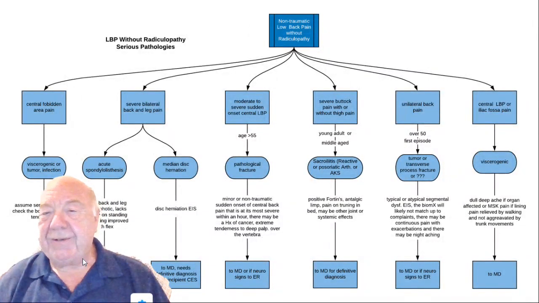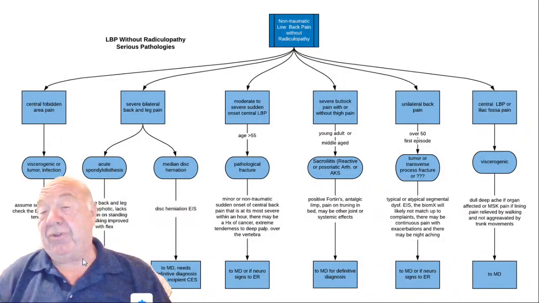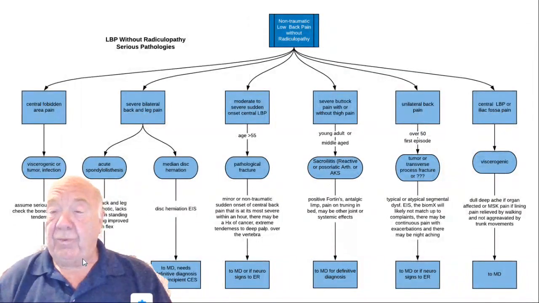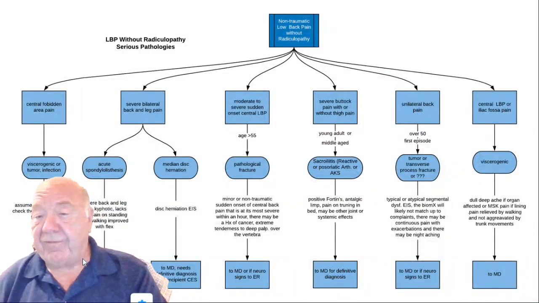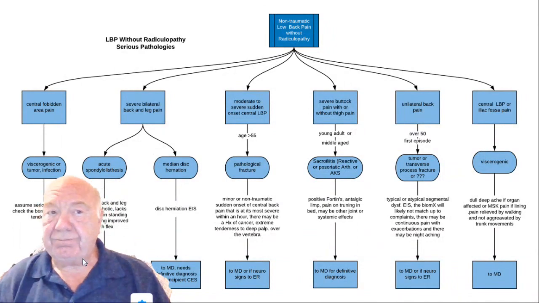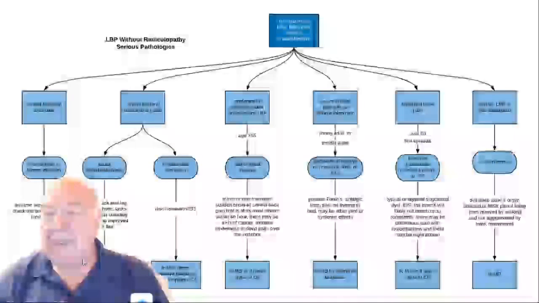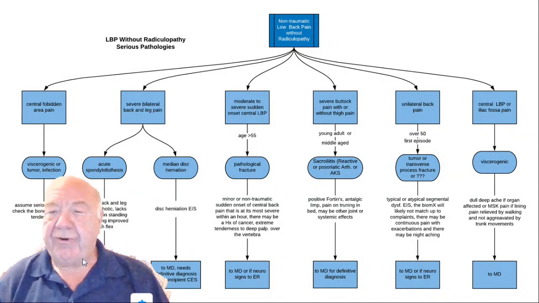Unilateral back pain. Okay, there's lots of causes for this, but we're looking at reasons why you may be thinking this is not good. First episode in a patient over 50 without any major triggers. This is the age when secondary disease comes into play, tumors, pathological fractures, and so on.